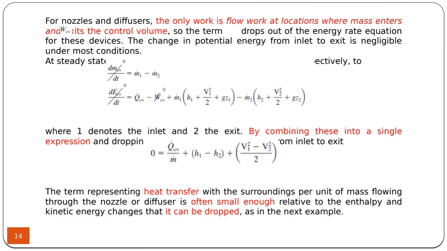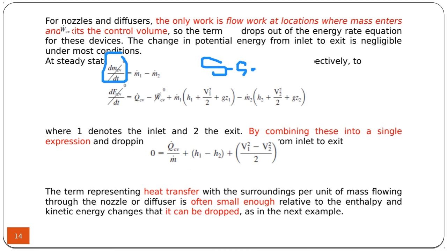If you write the conservation of mass and conservation of energy equations for this nozzle or diffuser, we obtain, because it's steady state, the mass inside the control volume does not change, so it's constant. dm/dt is 0.